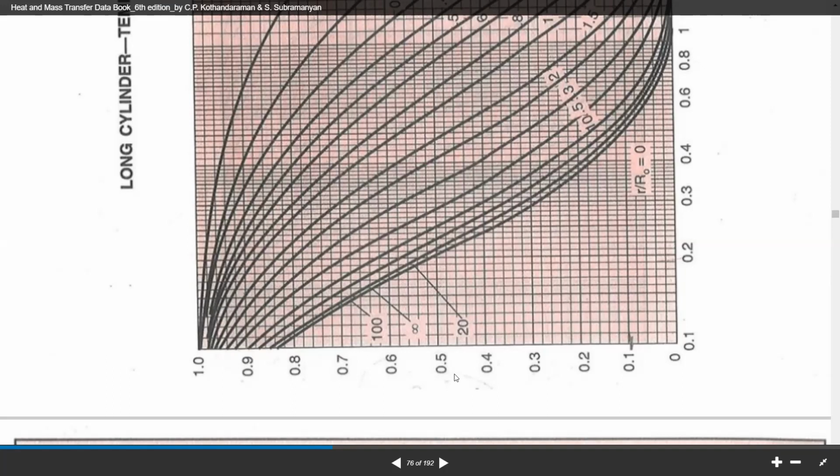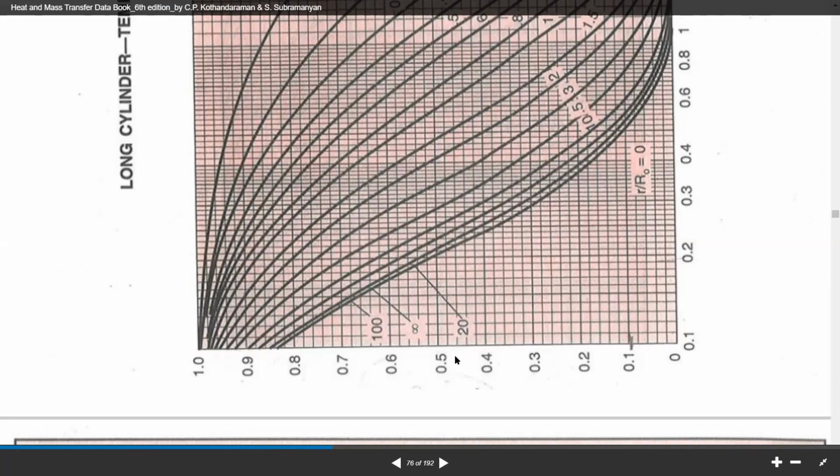In the examination, don't forget to draw the nature of this graph. Just draw the y-axis and x-axis and draw any one curve. Represent it as 0.5 or 0.54, etc. Take the dotted line till it intersects the curve, and then take the horizontal dotted line till it meets the vertical axis.